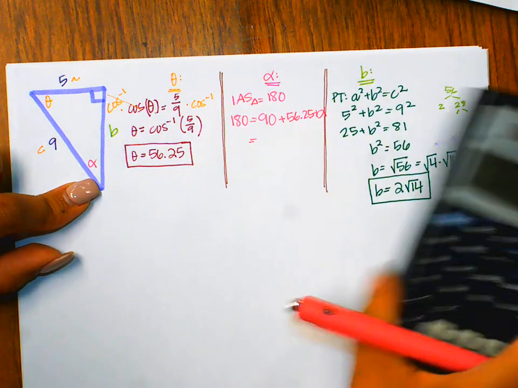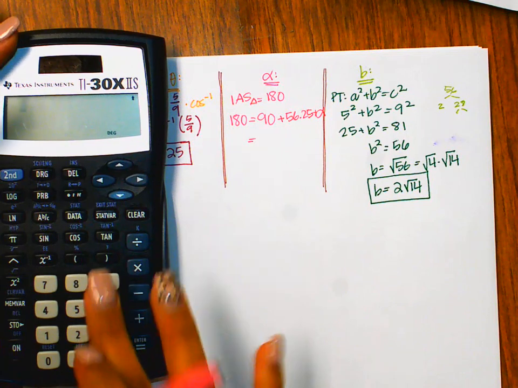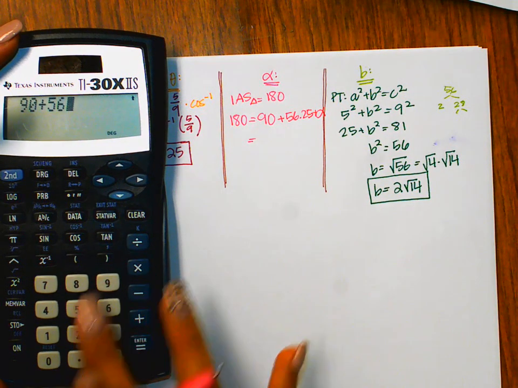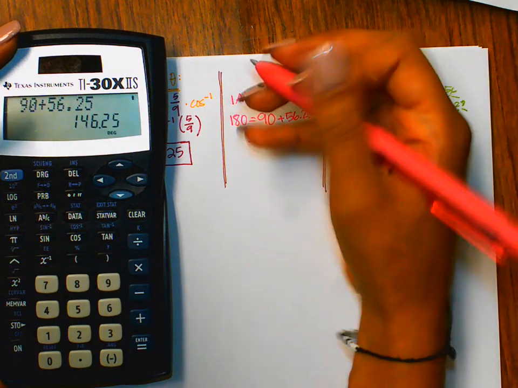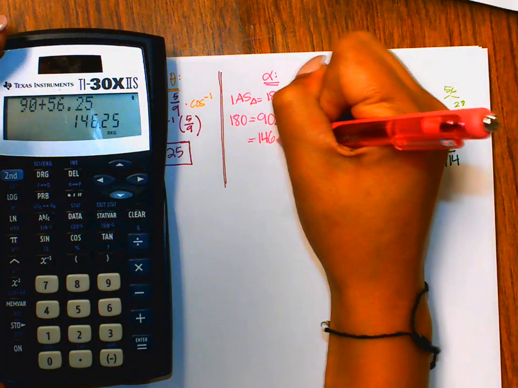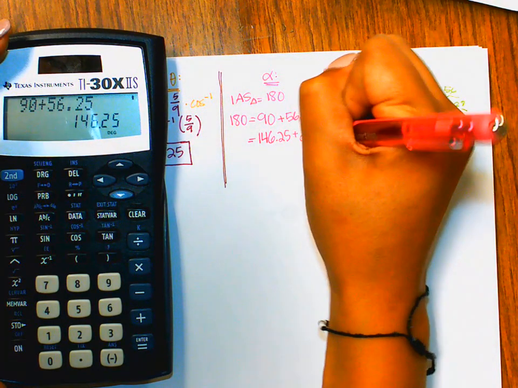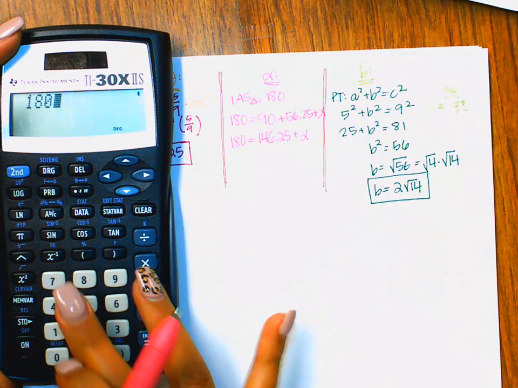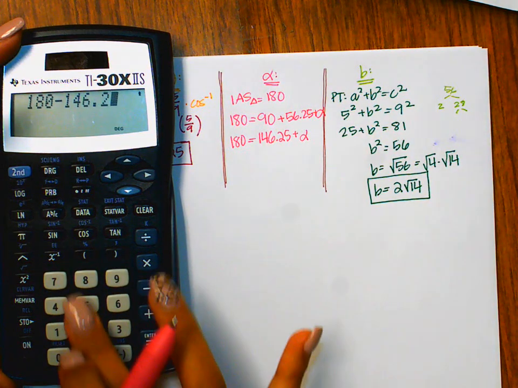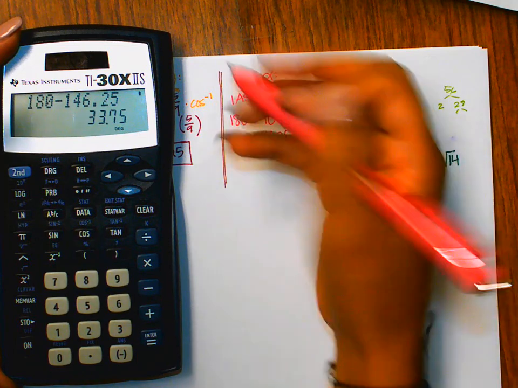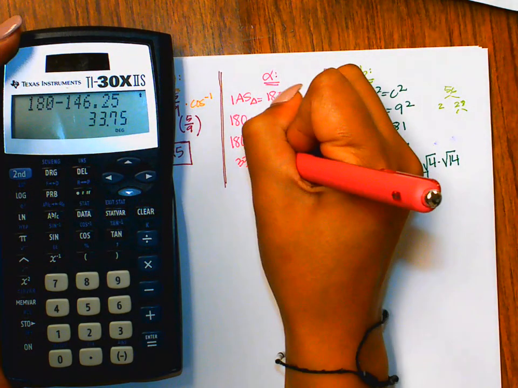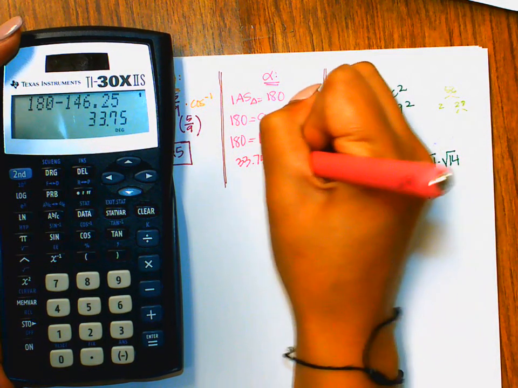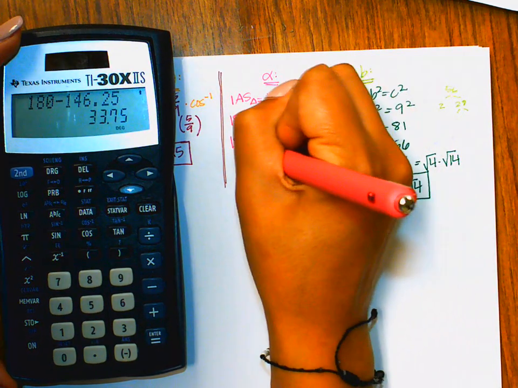So if I do 90 plus 56.25, I get 146.25 plus alpha is equal to 180. So 180 minus 146.25, 33.75 degrees is my alpha.